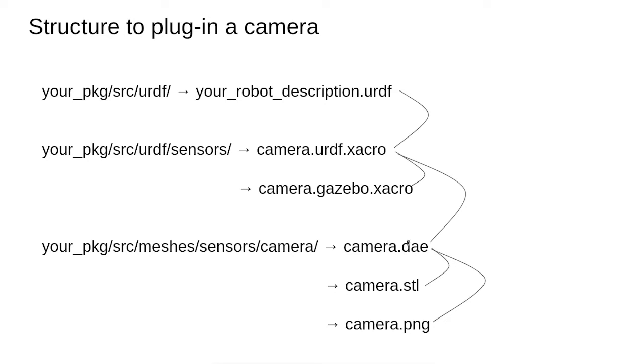This DAE file is included in our urdf.xacro file, and another file that contains this xacro file is the gazebo file, where there's gonna be the Gazebo plugin for the camera, and on top of that there will be our robot description, in our case the cobot.urdf file, that will contain all these files.